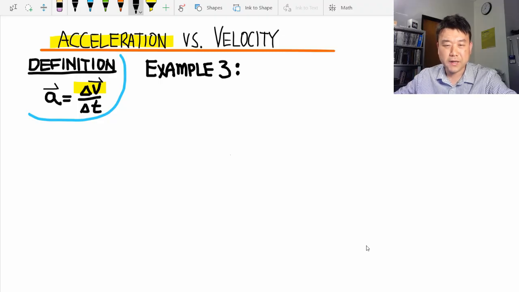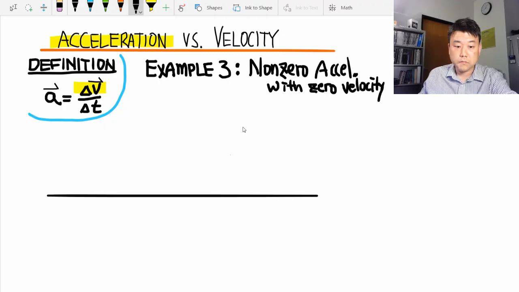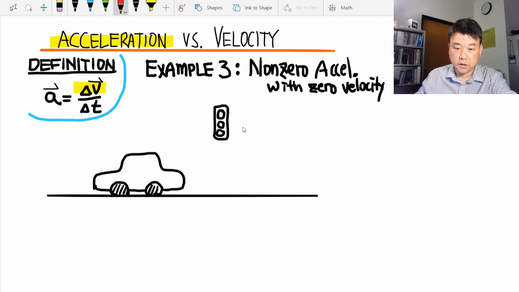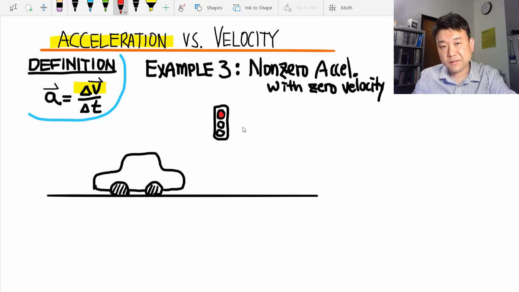So I don't really have a good name for this, so let me just call it non-zero acceleration with zero velocity. So imagine you are in a car which is stopped at a signal light. The light is red, so the car's not moving. Its velocity is zero. And since it remains at zero, its acceleration is also zero. You don't feel like it's moving.